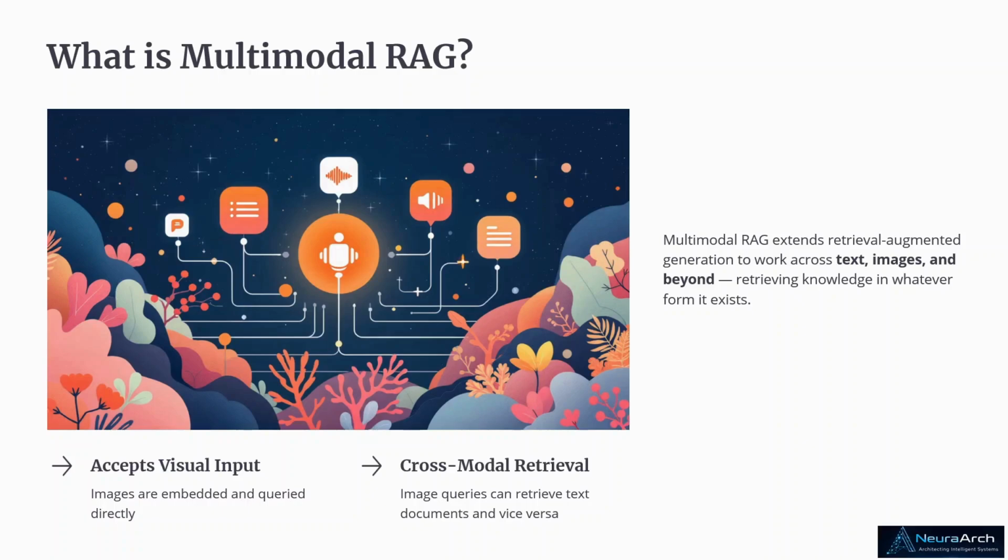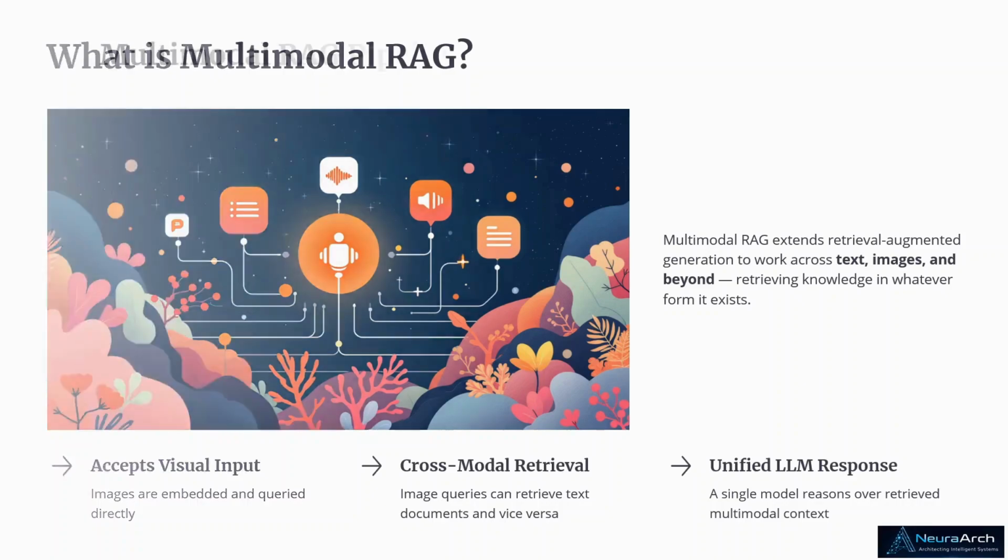Then it performs a cross-modal retrieval. It retrieves the text, it retrieves the audio, whatever the database we have provided, and then it passes the output to the LLM to generate a unified response.